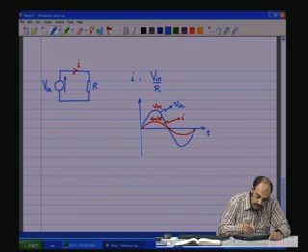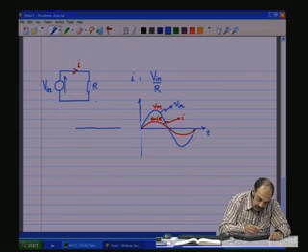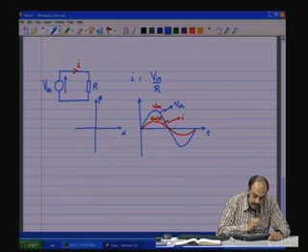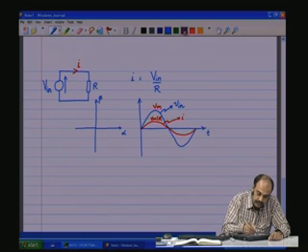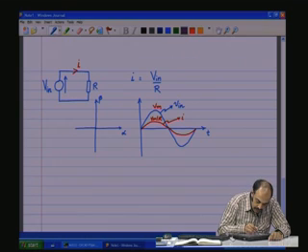Now, if I project this into the spatial coordinates, the alpha beta coordinates, let me start by taking V in as my reference.